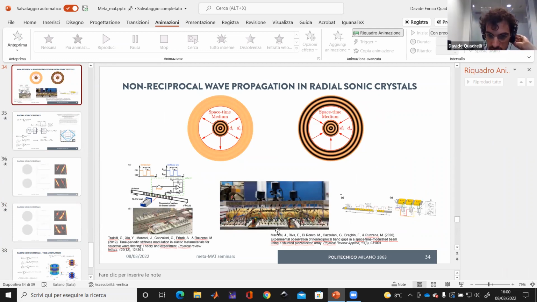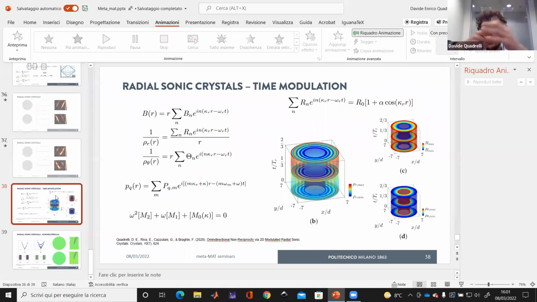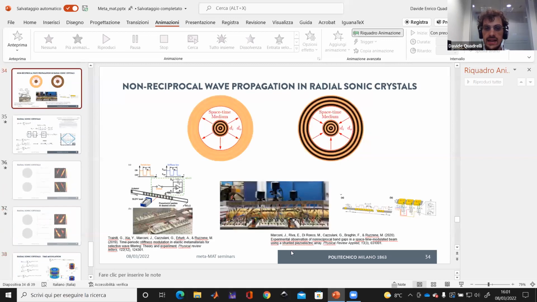So I have my colleagues, Jacopo Marconi and Emanuele Riva, who did this beam with piezo patches, in which the idea is you are pretending to have a moving medium while the medium is not moving at all, because it's just the properties that are changed in time. And my idea is, of course, this in 1D is highly directional. You have only one direction and this is it.